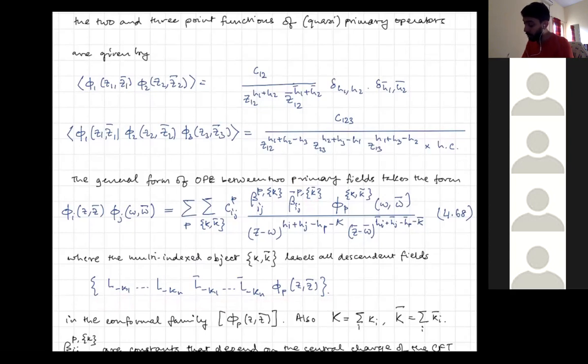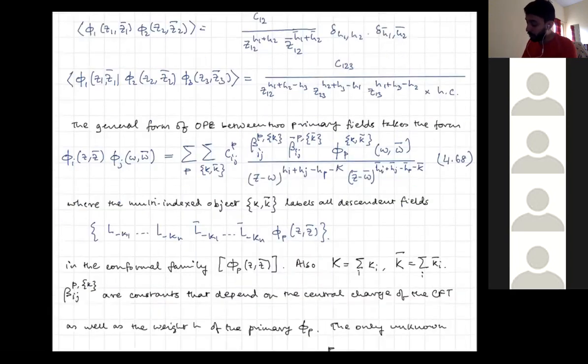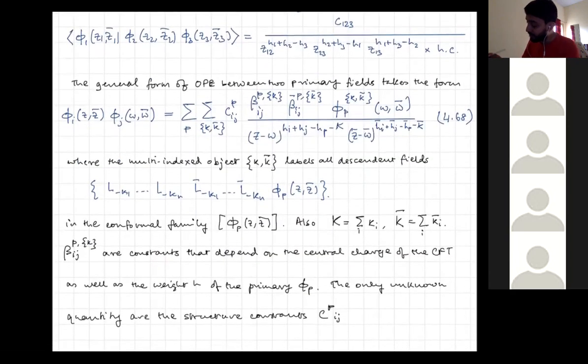So you can have k1, k2. These are vectors if you wish. These are something that is going to label all of these k_n. And you can also write some big K, which is the sum over these k_i's.